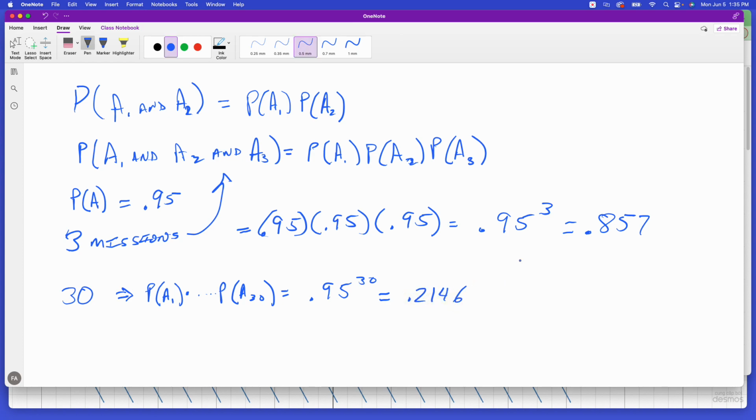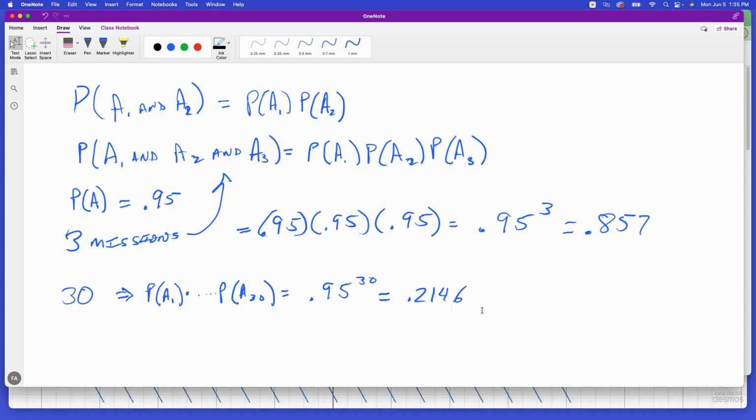So as time goes on, the probability gets smaller and smaller, because you are taking values less than 1 and greater than 0 and multiplying them together. The probability that you would survive 30 missions without a life-threatening injury that would end either your service in the military or your life was 21%, or 0.21.